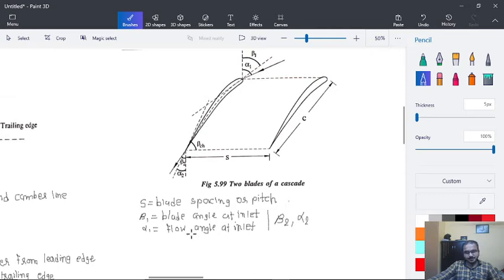The next is alpha 2 minus alpha 1 is equal to fluid deflection angle.